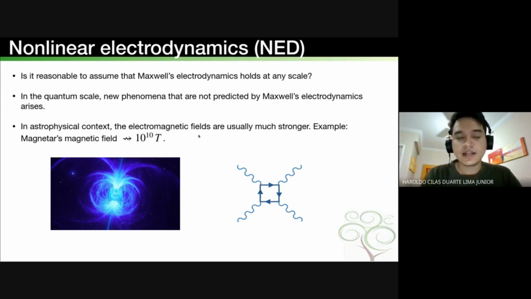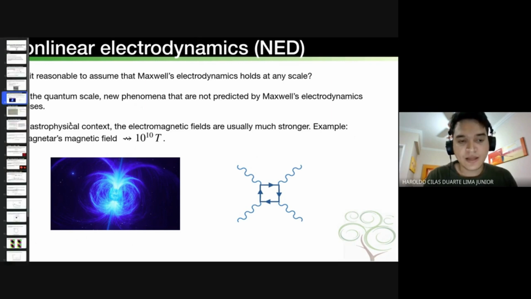And there exists the hypothesis that at very strong magnetic fields, Maxwell's equations acquire some corrections, known as nonlinear electrodynamics, also known as NEDs. So nonlinear electrodynamics are corrections to Maxwell's equations that arise as a possible description of nature of the electromagnetic field when the scales are around these ones here.